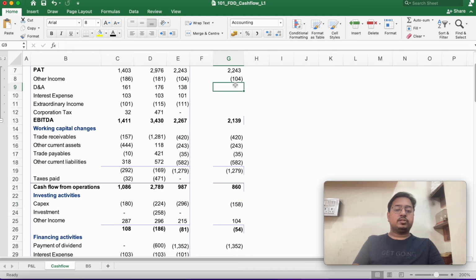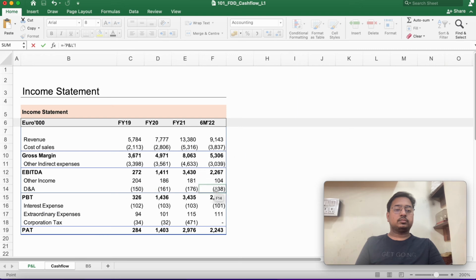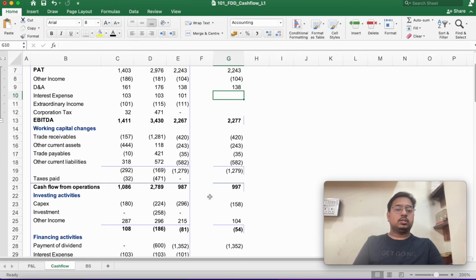Next is depreciation. Second impact in the capex. I just simply have to take the reverse signs and not need to worry about what will happen.